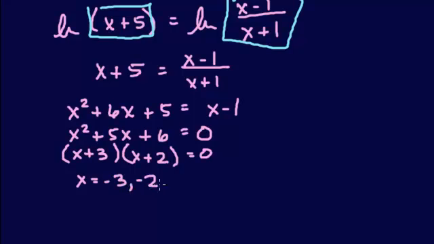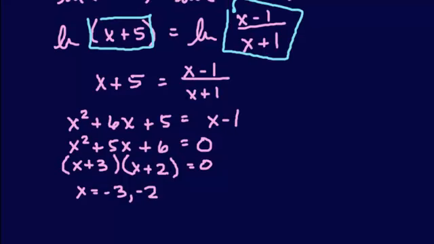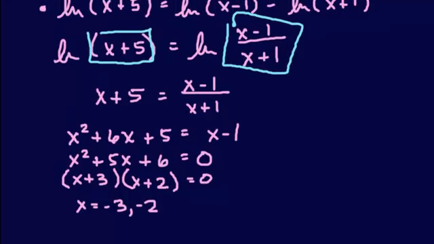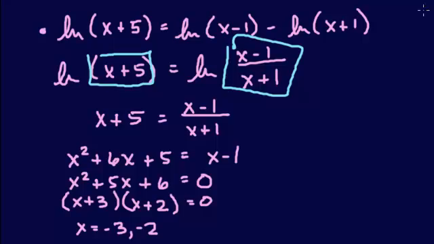Now I need to check these very carefully because when I substitute a -3 and a -2 back into my original, I want to make sure that I don't end up with a negative number.